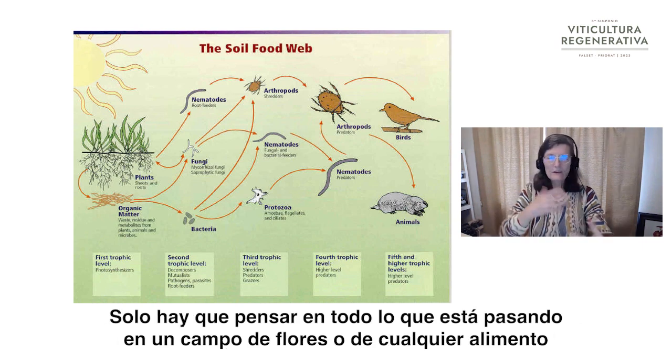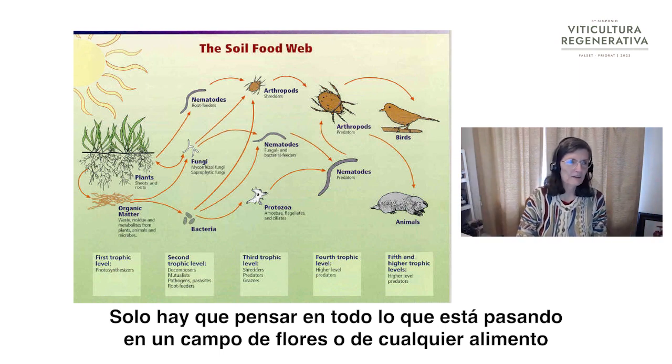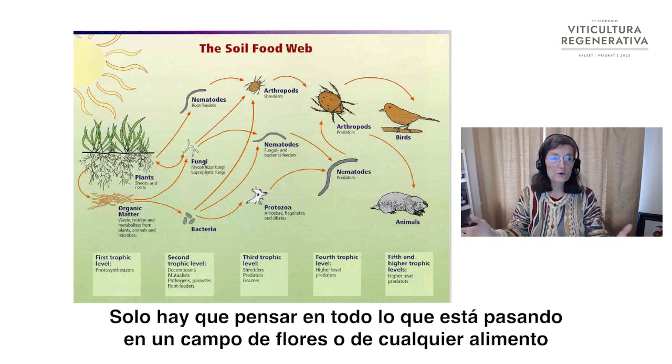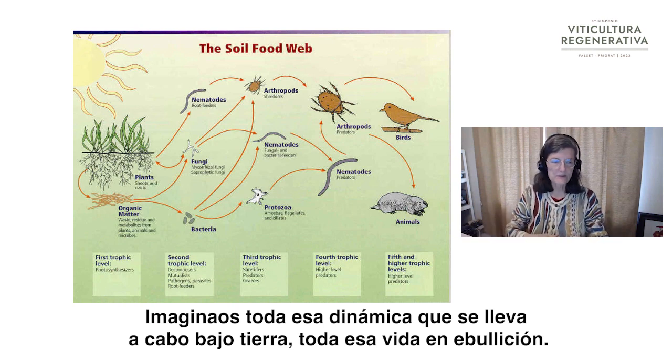So think of the turnover going on in a field of whatever flower you want to think about, or any food vegetable that you think about, or any orchard where you're growing fruit. Think of how dynamic it is below ground, just zooming around with life.